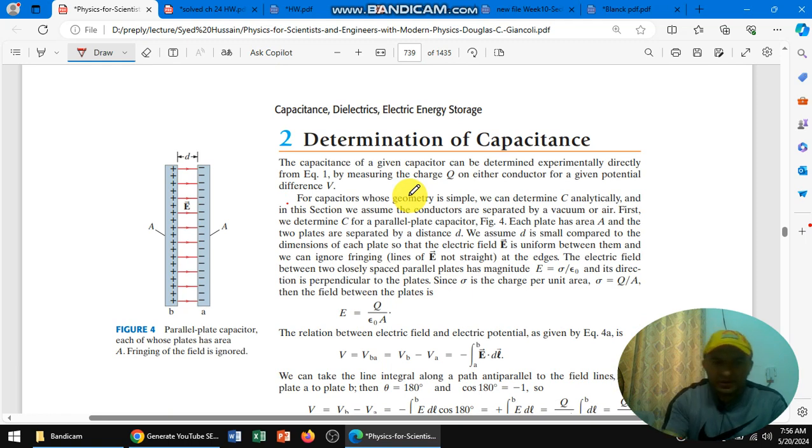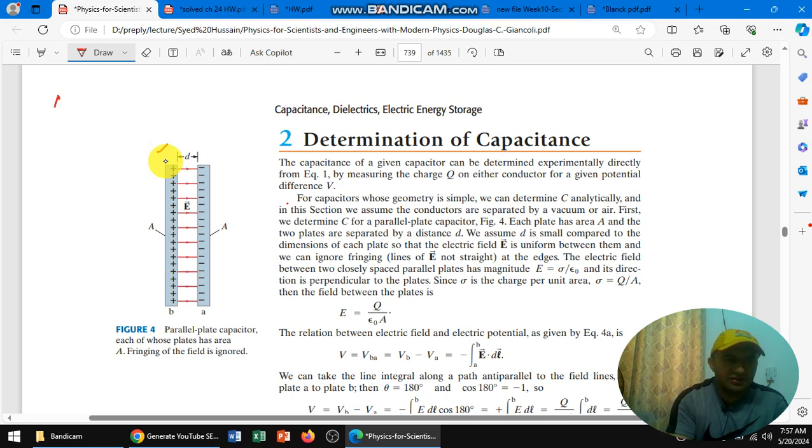In a parallel plate capacitor, we have two plates that are parallel to one another. When you connect it to the battery, one plate stores a positive charge and the other plate stores a negative charge. Suppose on the left side the positive charge is stored on plate B, and the negative charge is stored on plate A. The area of both plates is represented by A, and the space between the plates is represented by d.